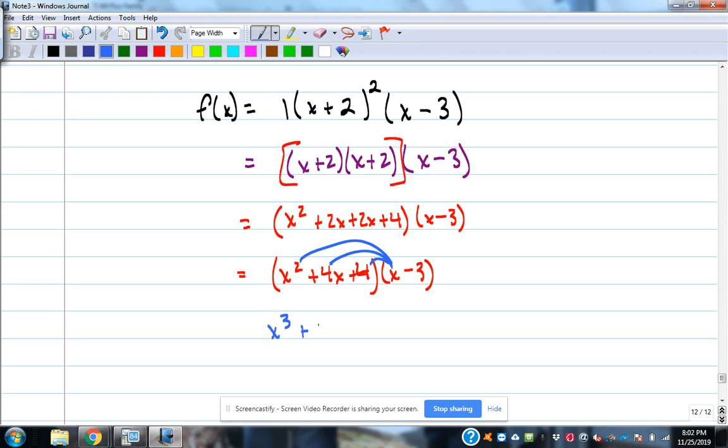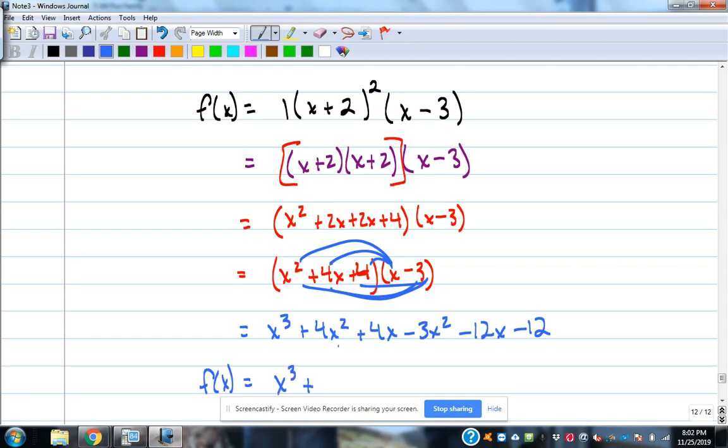That's x cubed, 4x squared, 4x, and I'm going to distribute -3 to everybody. -3x squared, -12x, and -12. Simplify, and we're finally finished. X cubed plus x squared minus 8x minus 12.